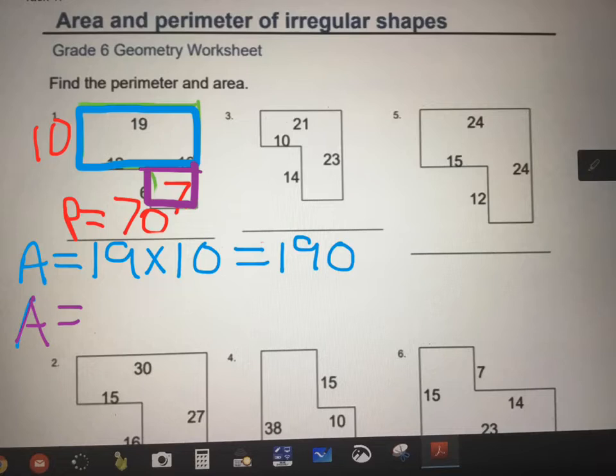And now we're going to do the area of our square. And we have our 6 times our 7. 7 times 6 is 42. And what you're going to do now is add up 190 and 42.